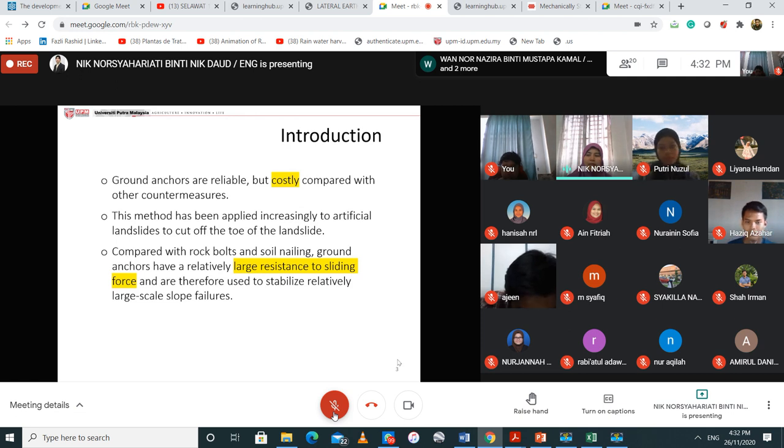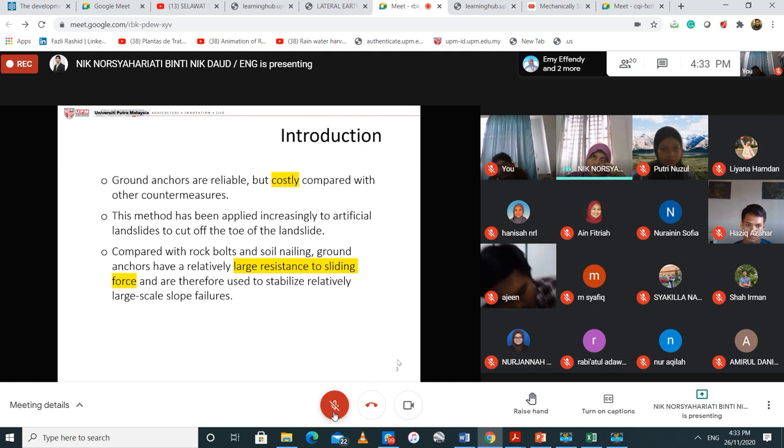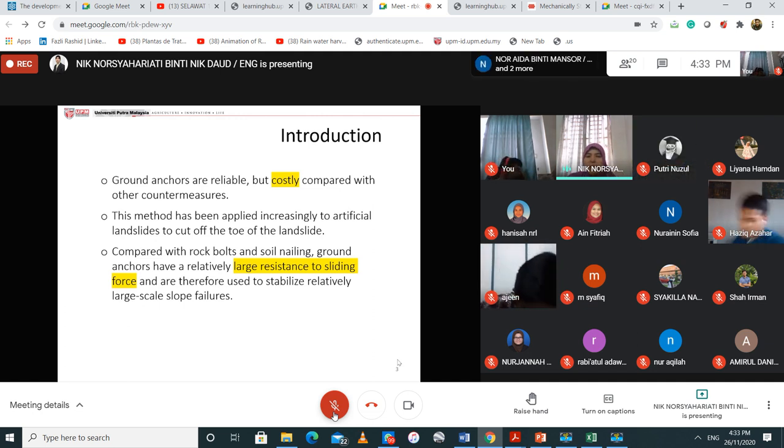However, if you compare with the rock bolts or soil nailing, this is more reliable lah, if you're talking about reducing sliding. So ground anchor is reliable but then costly.